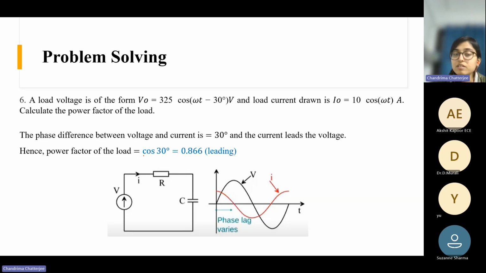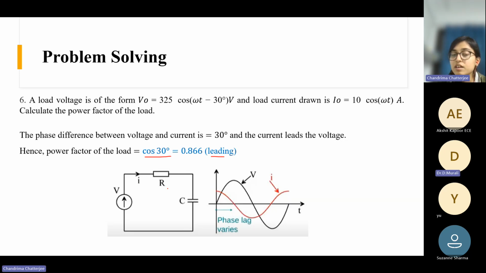The power factor, we define the power factor as cos phi, where phi is the phase difference. So here the power factor is cos 30 degrees, which comes out to 0.866. It is leading. Why? Because now the current is leading the voltage. This is the voltage and this is the current. So that's why it is leading power factor.